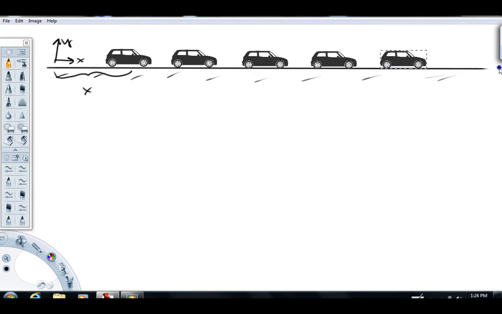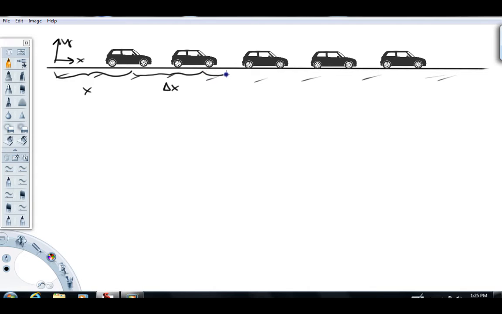And what I've done now is draw what are called motion diagrams, just snapshots in time. And I'm going to go ahead and label the change in position of the car. So x represents the position of the car. This distance, measured from here to about the same point, is a delta x, a change in position for the car.